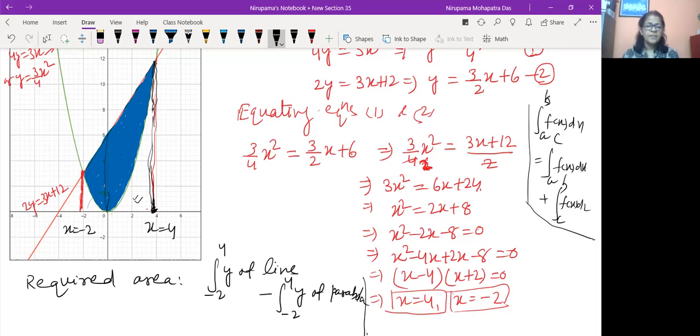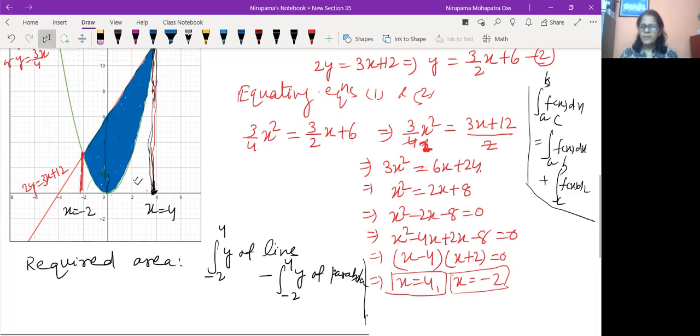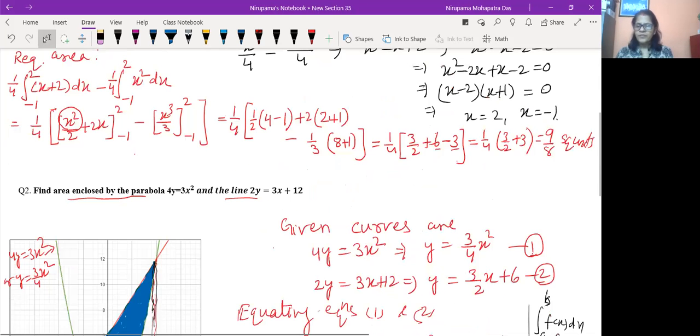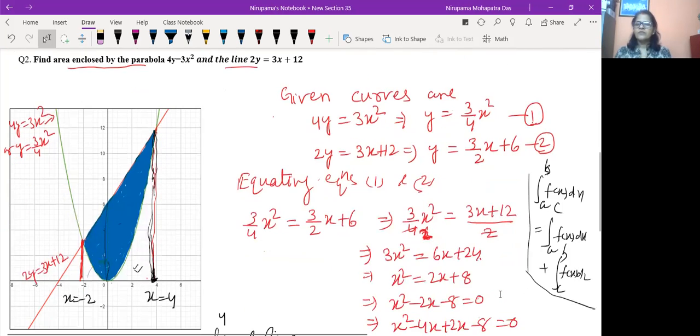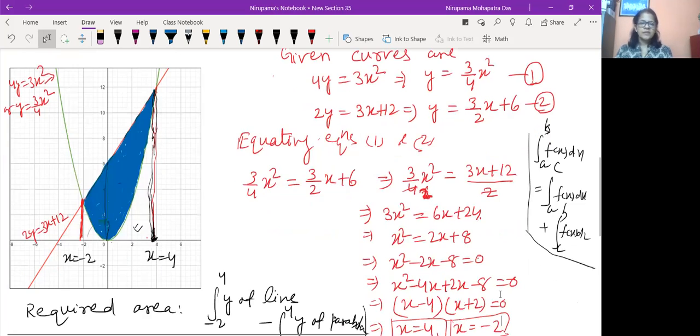Y of line we have taken as 3 by 2 x, and we can get it from the rough sketch also. Your equation 2 represents y of line, and equation 1 represents y of parabola. Y equal to 3 by 4 x square is y of parabola, and y equal to 3 by 2 x plus 6 is y of line.